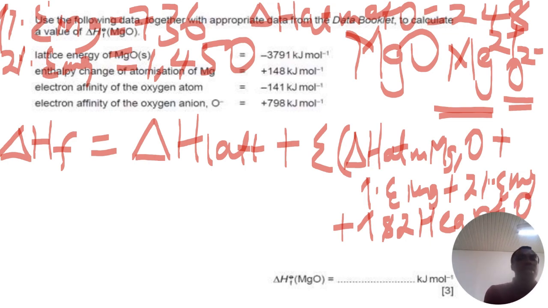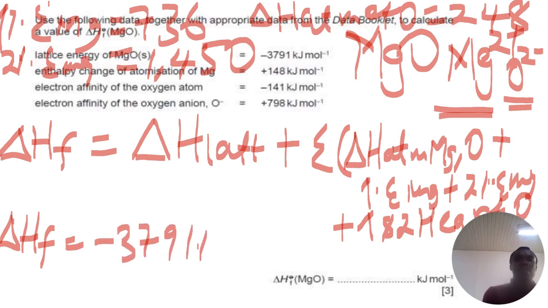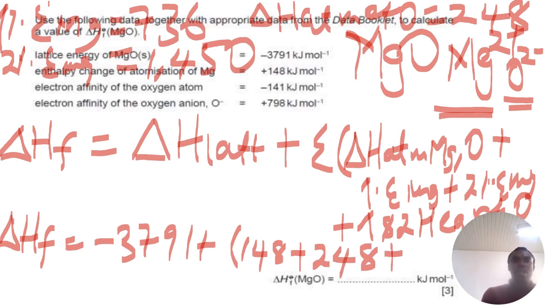So we already have all the data before us. Enthalpy of formation will be equal to the lattice enthalpy, which is minus 3791, plus enthalpy of atomization of magnesium, which is 148, enthalpy of atomization of oxygen is 248, first ionization energy of magnesium is 736, plus second ionization energy is 1450, plus first and second electron affinity.